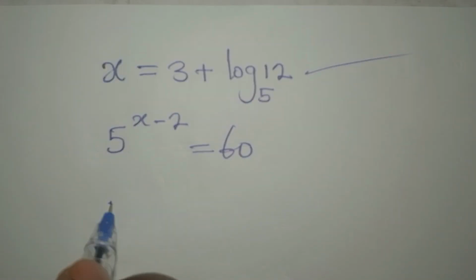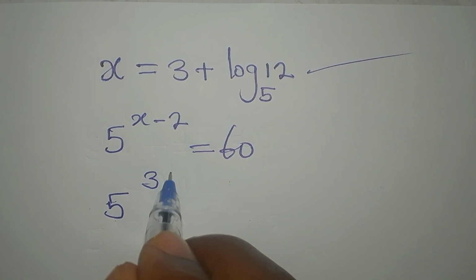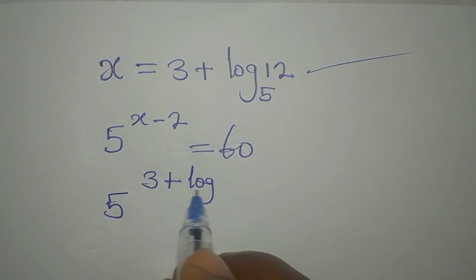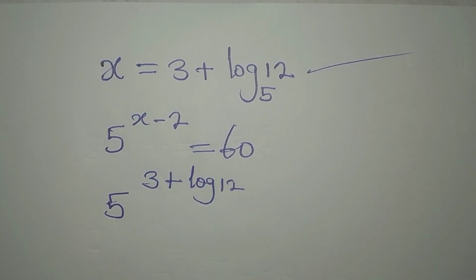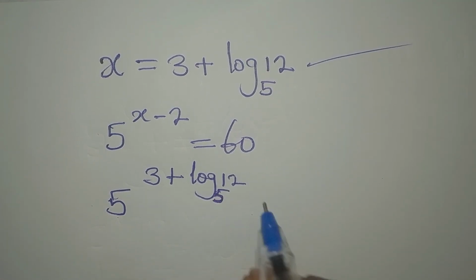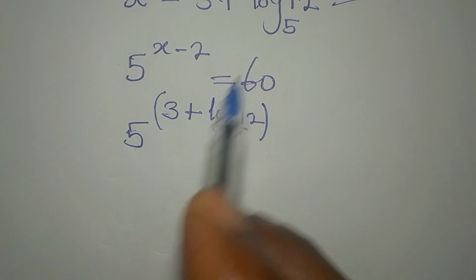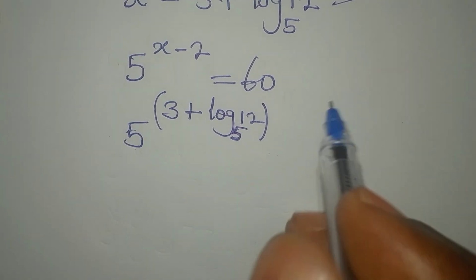So I will now have 5 to the power of 3 plus log 12 to base 5, close the brackets, and then we have minus 2, right?